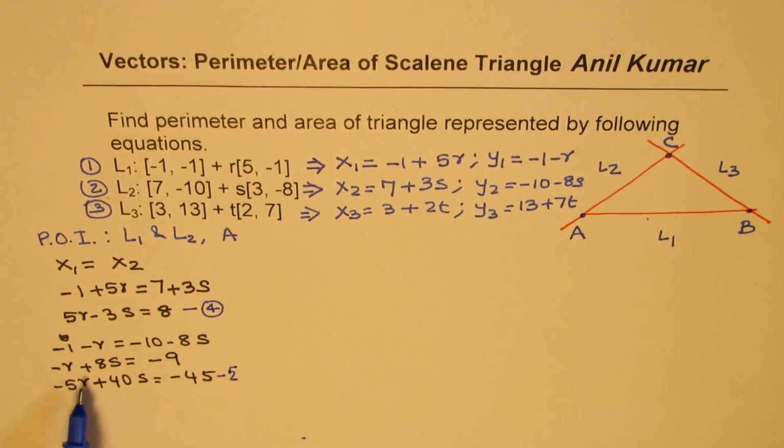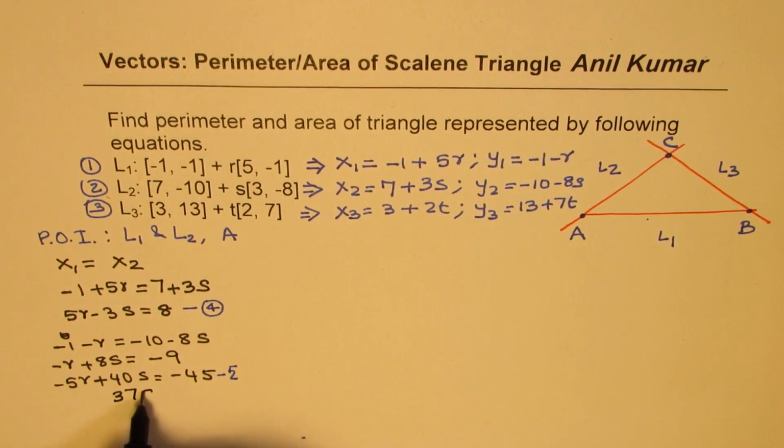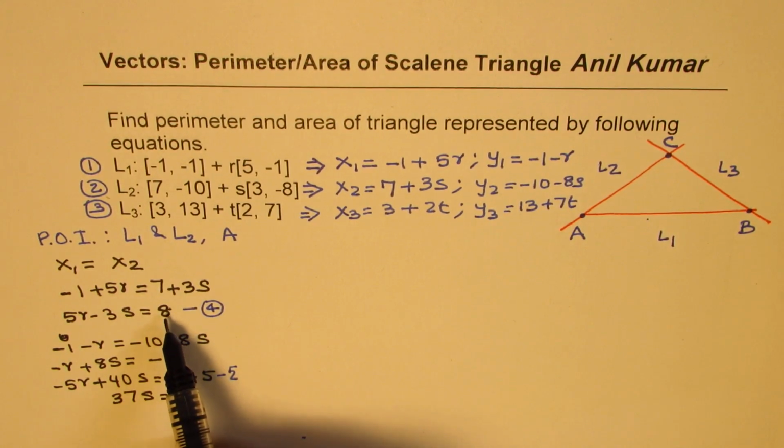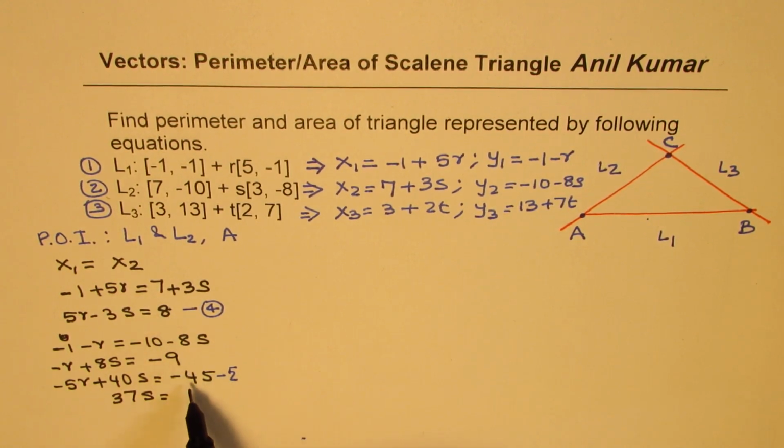Okay. Now if I add 4 and 5, 5r and minus 5r cancel, and we get 37s equals, when you add 45 to this, minus 37, right?